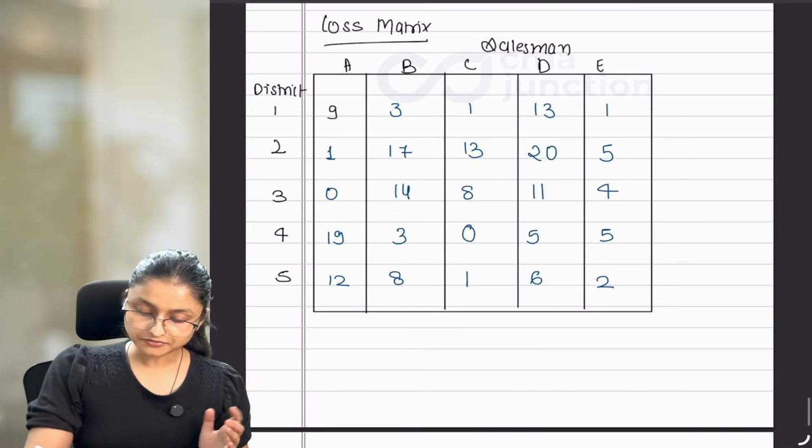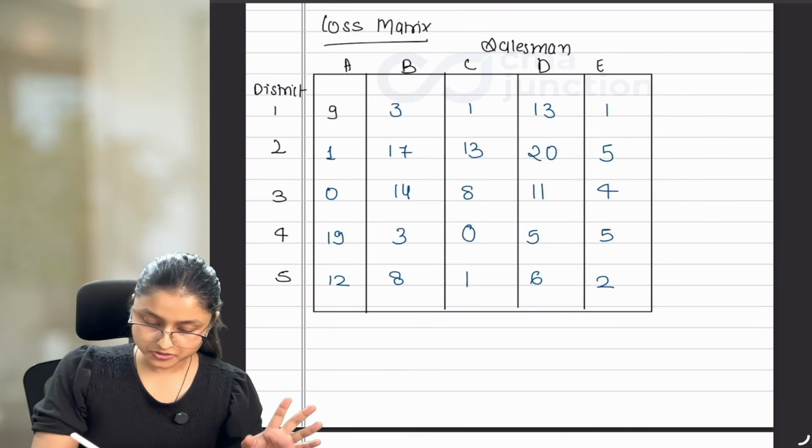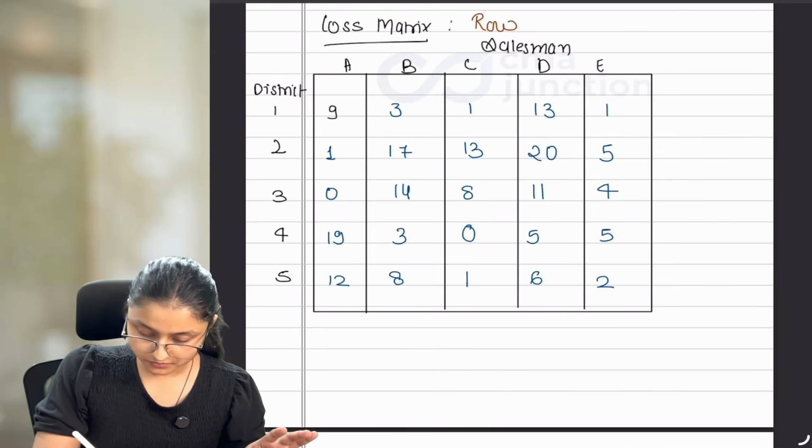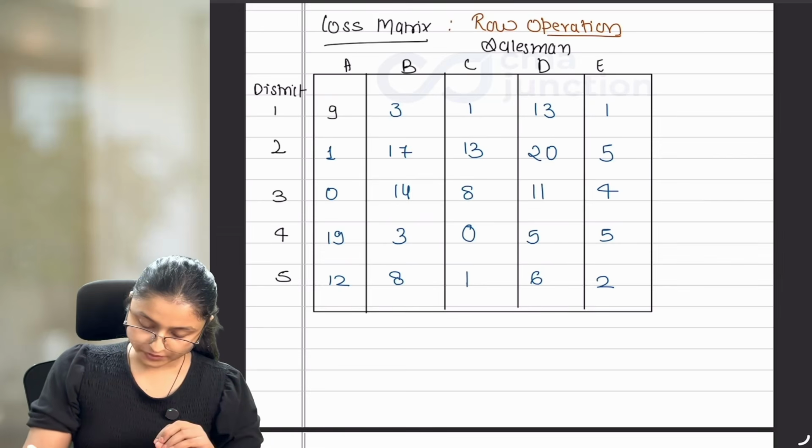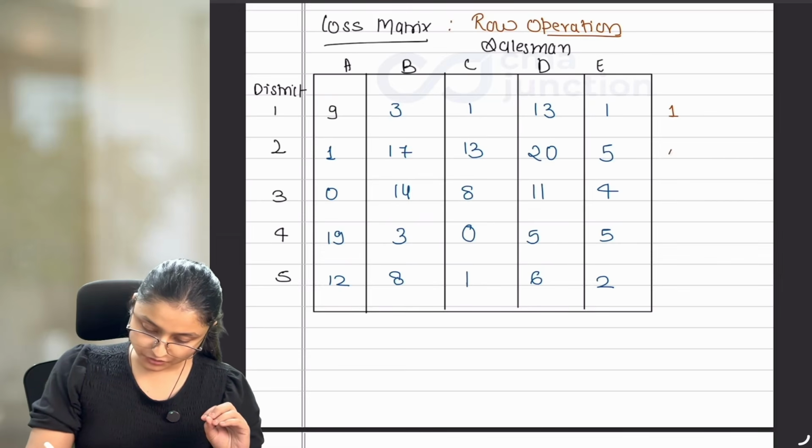Okay? Now after this, what to do? Follow your normal procedure, that is row operation. For row operation, find the lowest value from each row. Here too we have 0, 0 and 1.